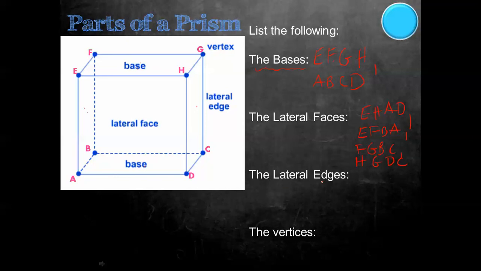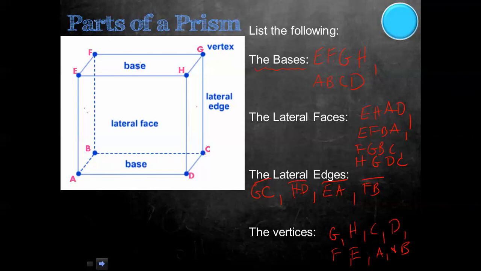The lateral edges are just the edges that make up the lateral faces: line GC, line HD, line EA, and line FB. And the vertices are just where the faces come to a point, so it's going to be one point. The vertices are G, H, C, D, F, E, A, and B.